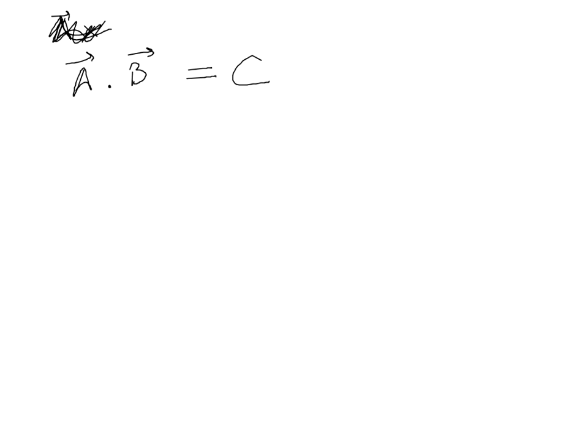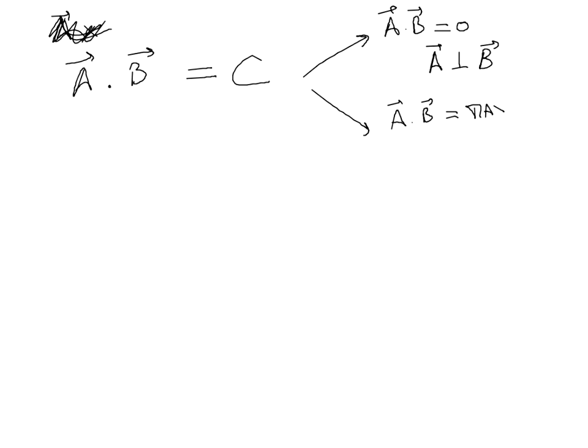2 properties. If A dot B equals 0, it means that A is perpendicular to B. And the second property is if A dot B ends up with a maximum value, then A is parallel to B. If they're both parallel in the same direction, the value is maximum and positive.